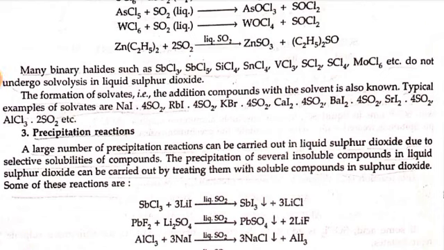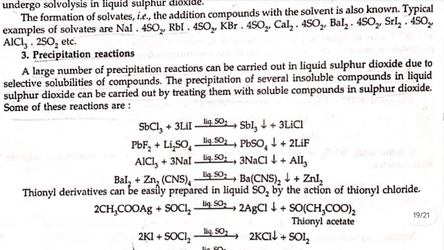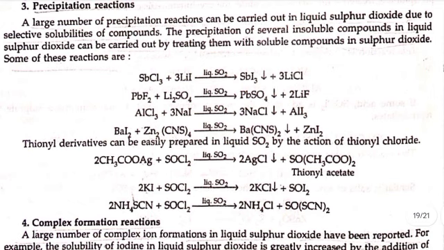The formation of solvates, that is, addition compounds with the solvent, is also known. Typical examples of solvates are NaI.4SO2, RbI.4SO2, KBr.4SO2, CaI2.4SO2, BaI2.4SO2, SrI2.4SO2, AlCl3.2SO2, etc.